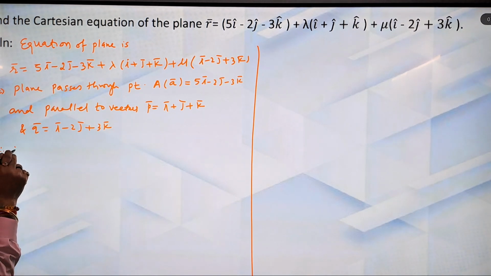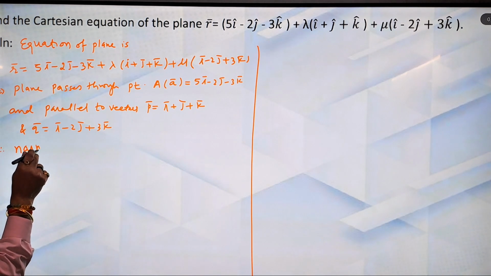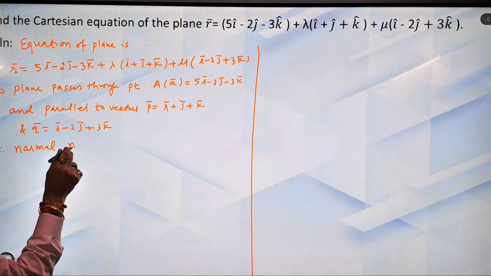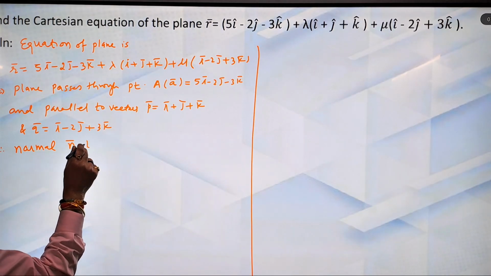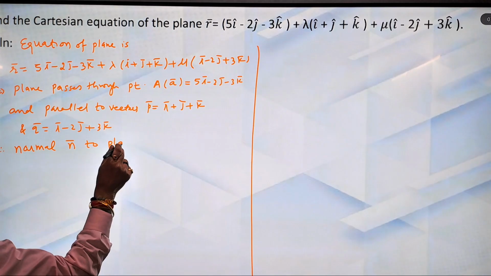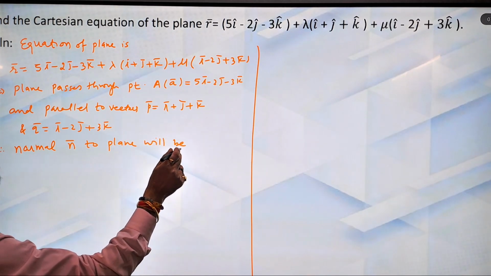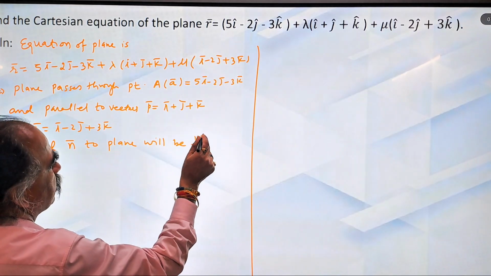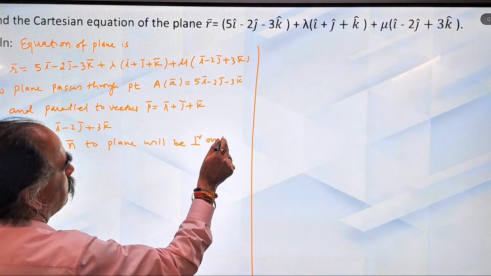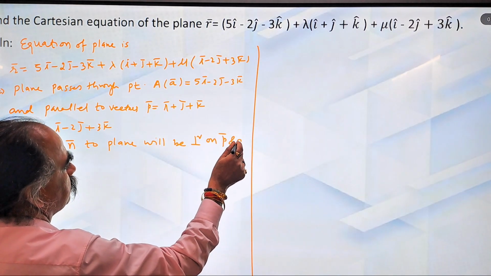Therefore, the normal n bar to the plane will be perpendicular to p bar and q bar.